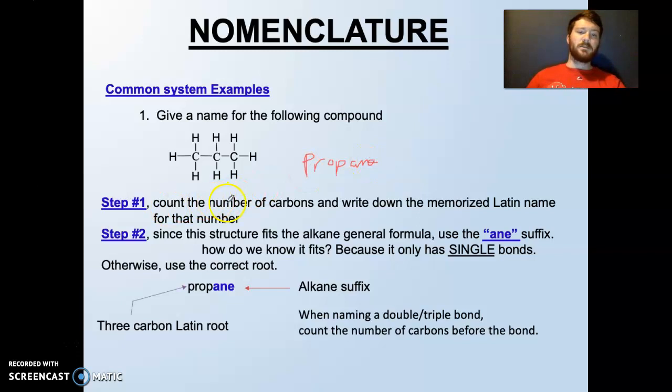So step 1 is to look at the number of carbons you have and write down the memorized Latin term. And then discover whether it's an alkane, alkene, or alkyne. Take a look at the bonds. If there's a double bond, it's an alkene. If it's triple bond, it's alkyne. So you have the Latin prefix and the suffix being alkane, ene, or yne.